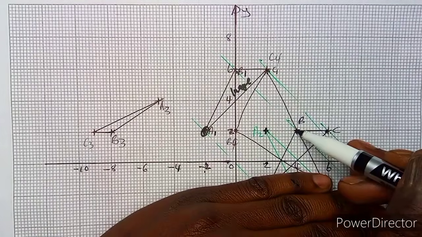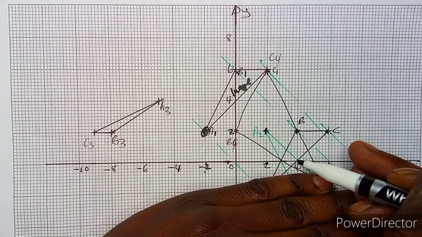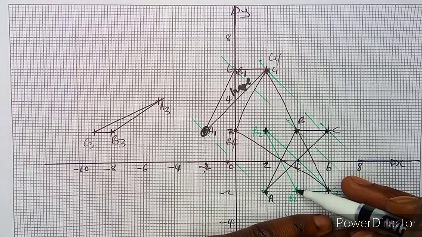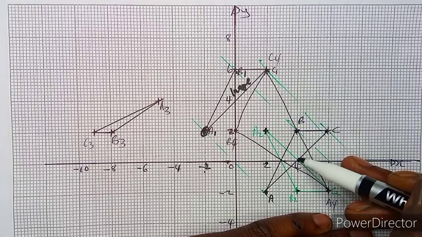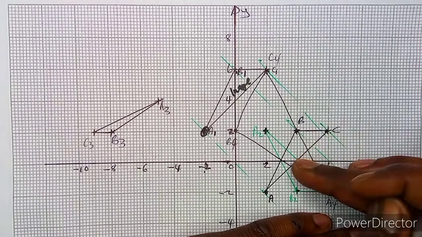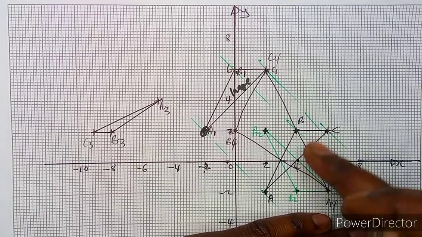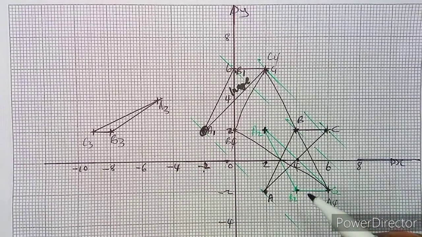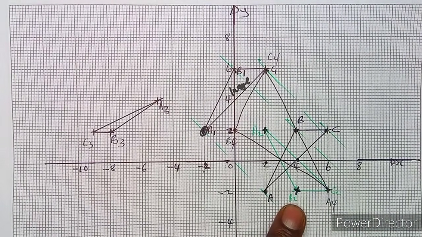So you move one box downwards to the mirror line, then you move again one box. Remember, the distance to the mirror line is the same as the distance to the image. So you move one to the mirror line, one to the image. This will be your B2.